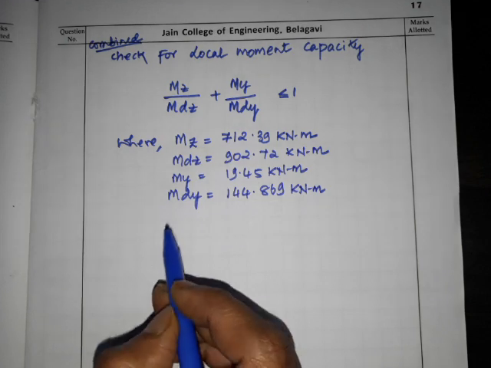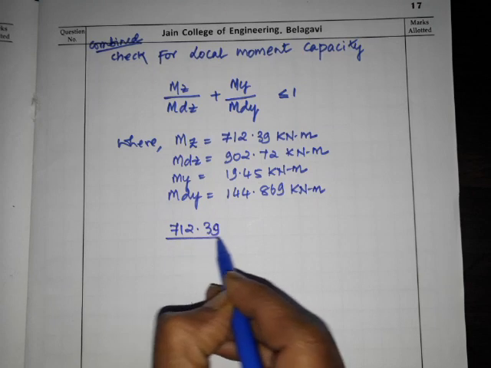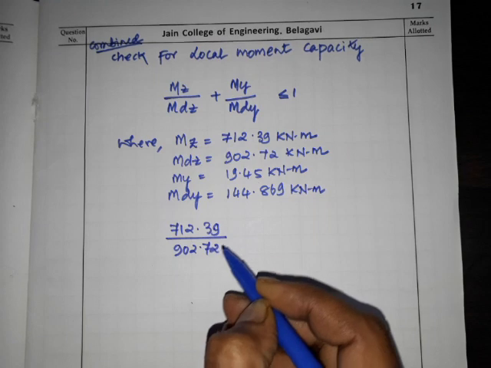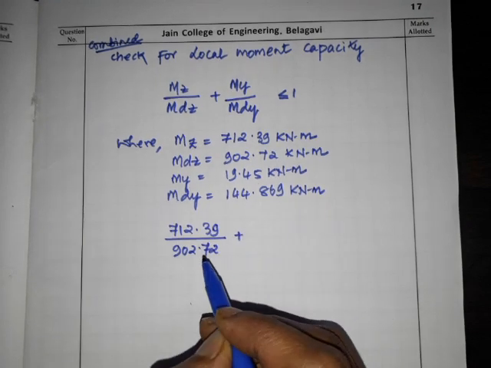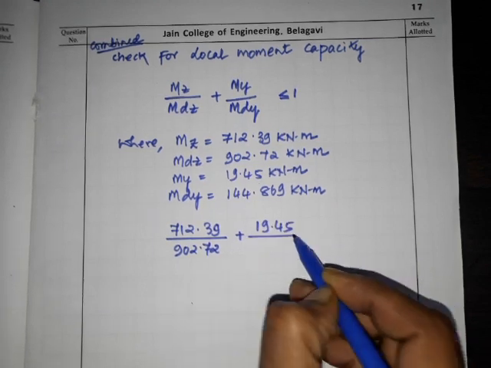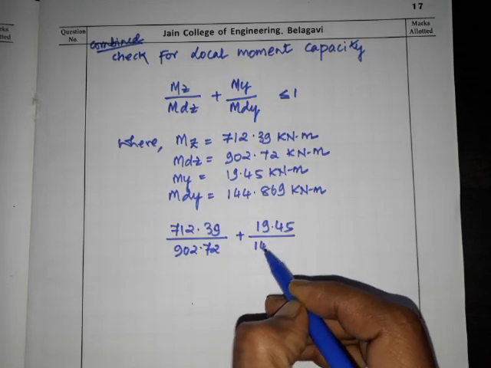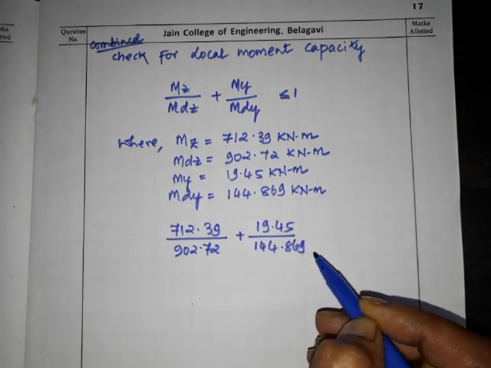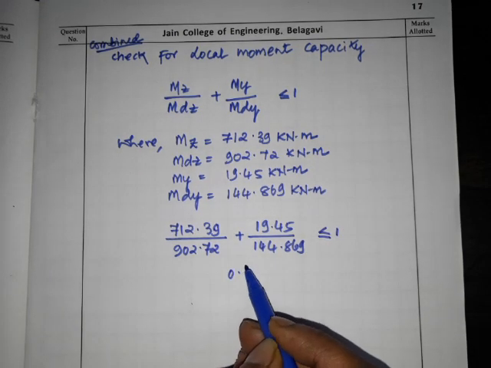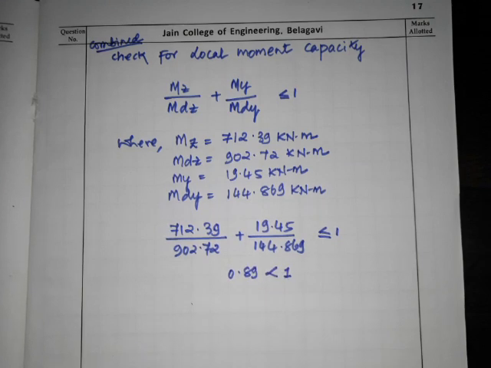So Mz is 712.39 divided by Mdz is 902.72, plus My is 19.45 divided by Mdy is 144.869, should be less than or equal to 1, and we get this value as 0.89, which is less than 1.